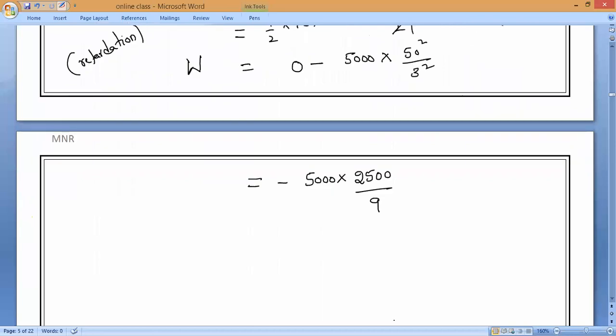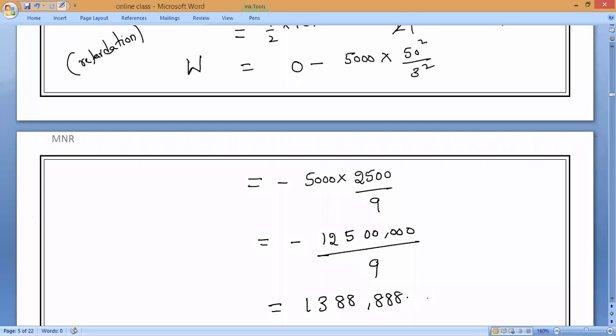All of you do this and tell me how much it is. Minus 5,000 into 2,500 divided by 9, which equals minus 12,500,000 divided by 9, which is approximately minus 1,388,888.88.